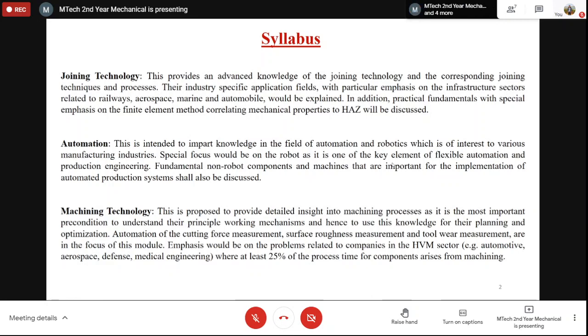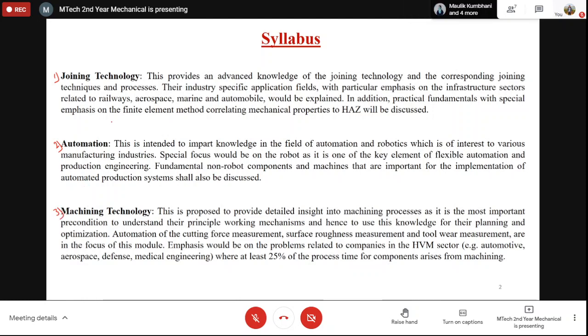To start with, this is our syllabus. It is divided into 3 parts. The first part is joining processes or joining technology. The second part is about automation, and the third part is about machining technology.